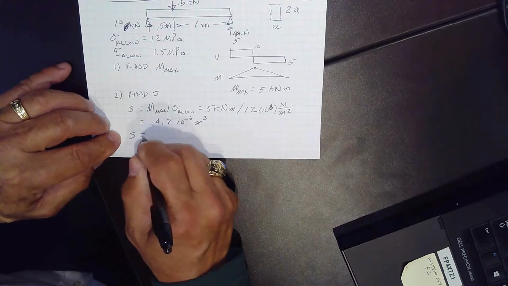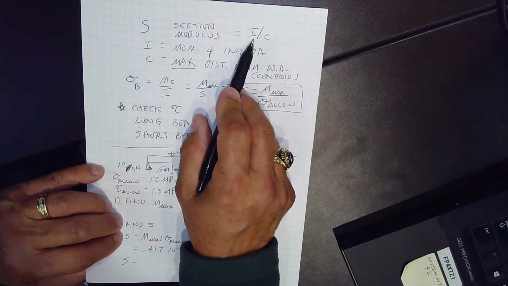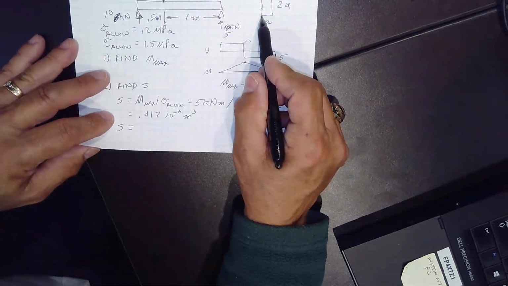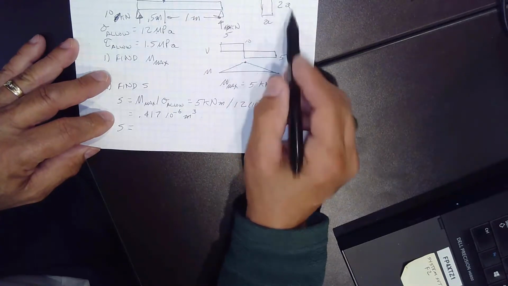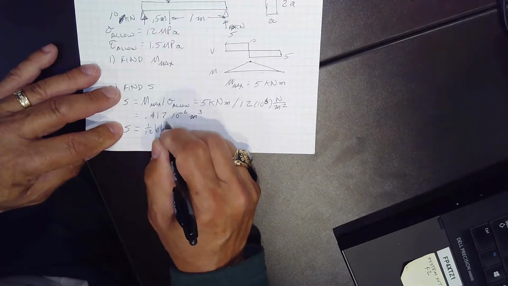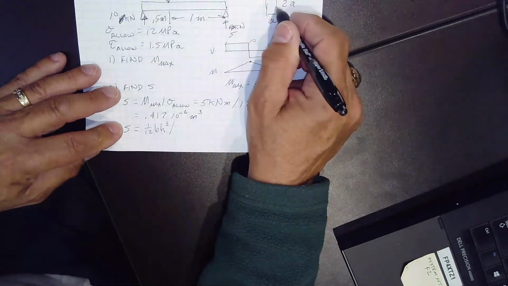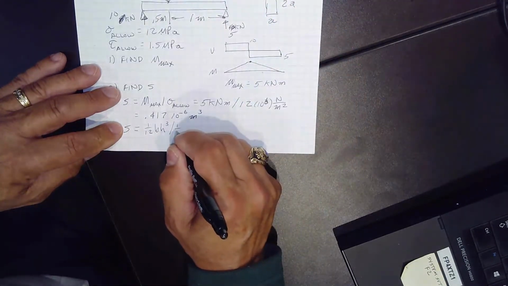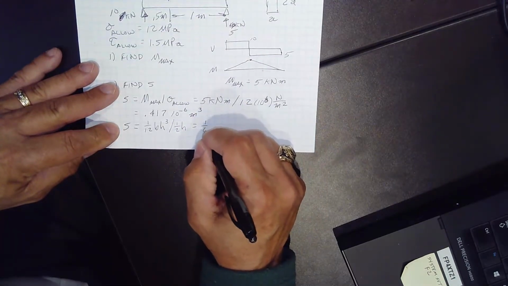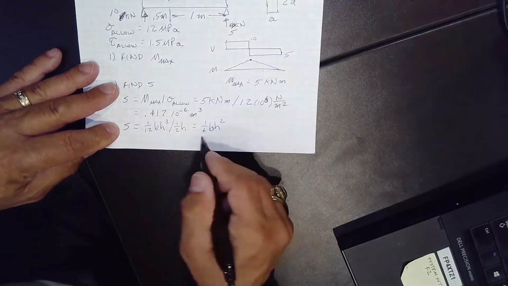And we said that S is just, remember we defined it as I over C. The moment of inertia of a rectangle about its centroid is 1/12 BH cubed, divided by C, and we know that C is 1/2 H. And so we remember that that comes out to 1/6 BH squared, because we've done that before.